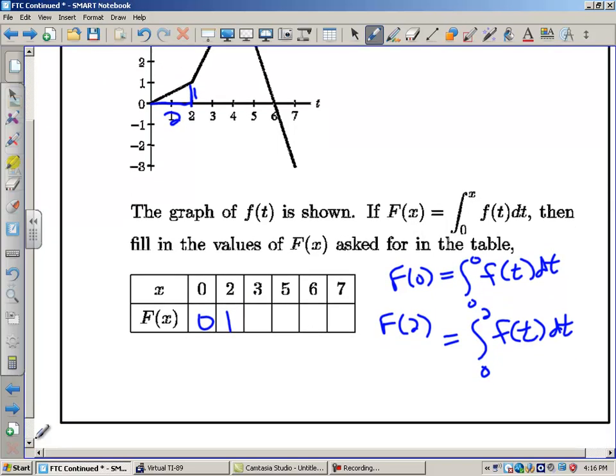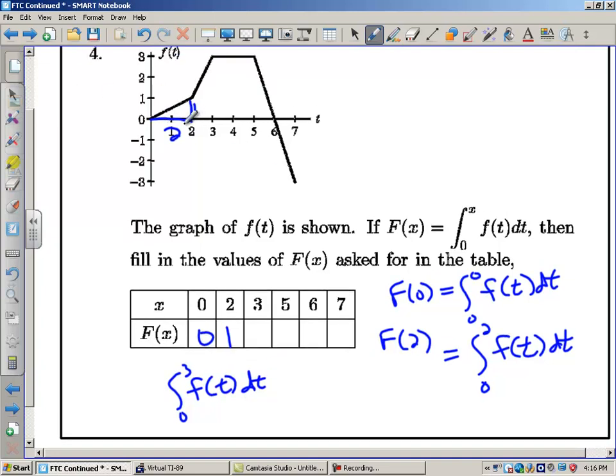Now the integral from 0 to 3 of f of t dt, we need to think about this as just an extension of the previous one. We've already answered the integral from 0 to 2, so we just need to find out how much more got added on from 2 to 3, and then we can add that to this integral, because this is all area under the curve. So here I have a trapezoid that has a height of 3.